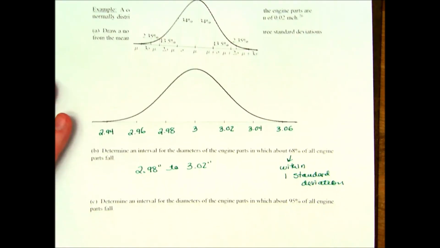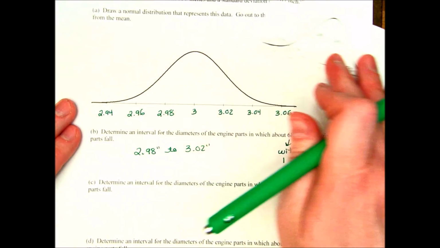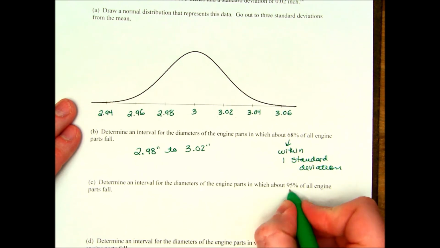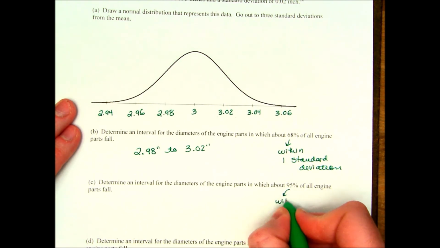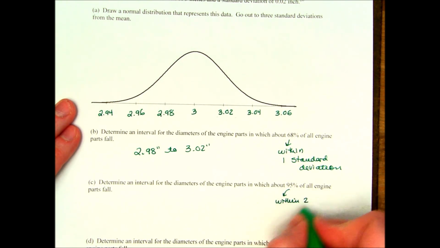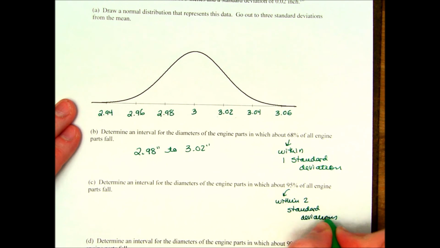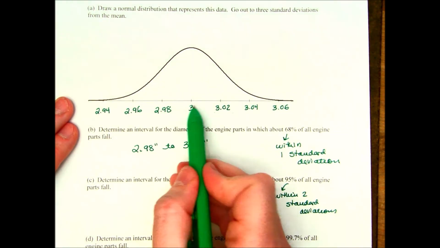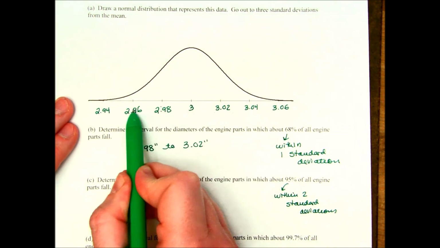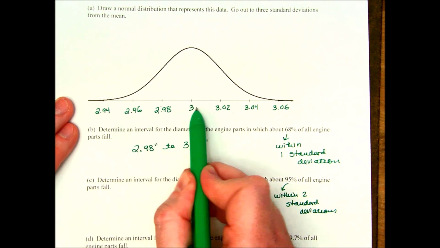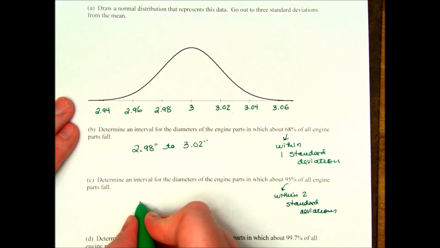Then I want to do the same for about 95% of the engine parts. According to my empirical rule, that means within 2 standard deviations of the mean. Here's my mean. 2 standard deviations this way takes you to 2.96, 2 the other way, 3.04.